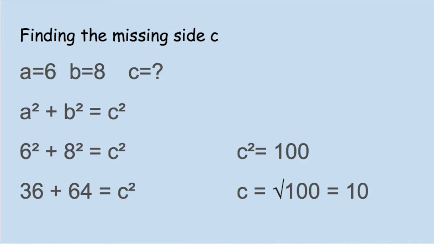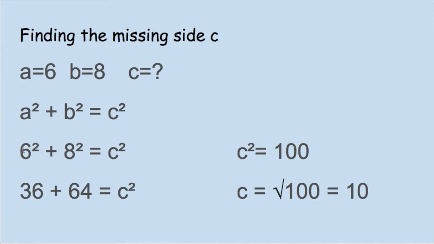If we have to find a missing side length, in this case we'll be looking at c, which is the biggest side or the hypotenuse. Side a is 6 and side b is 8. First thing we want to do is write out our formula. Now we can fill in the missing pieces. We said a was 6, so a squared becomes 6 squared. b was 8, so b squared becomes 8 squared, and c, we don't quite know what it is yet, but we do know it will be c squared.